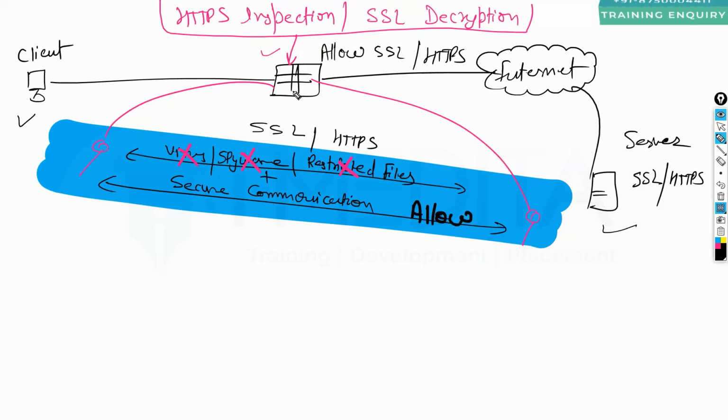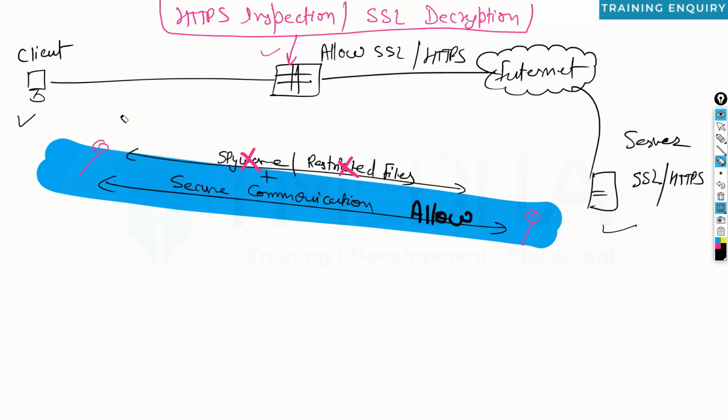That is the reason we need HTTPS inspection or SSL decryption, because this protocol or tunnel can be used for attack. Our firewall should be capable of detecting and stopping such attacks. We can only do this if the firewall can see what is going on under the SSL tunnel, and that we can implement with the help of HTTPS inspection.